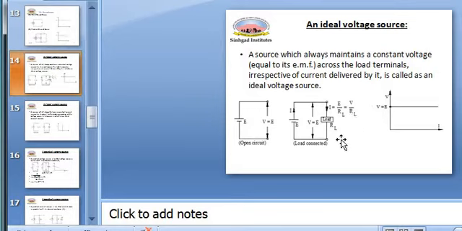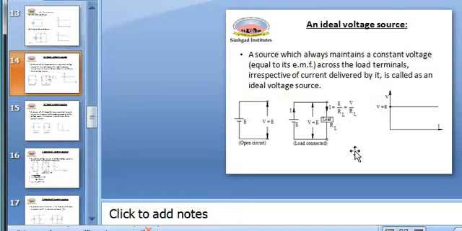As we are increasing the load, obviously the current demand will increase. But the voltage across the output terminal remains constant. The resistance will decrease, the current will increase. According to this equation, V is equal to what? V will be equal to I into RL. As I increases, the resistance will decrease proportionally.